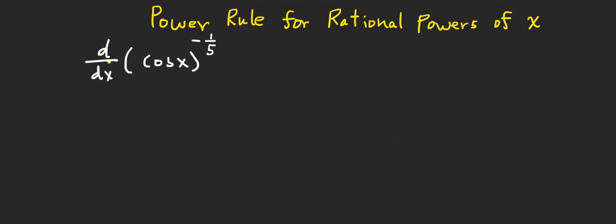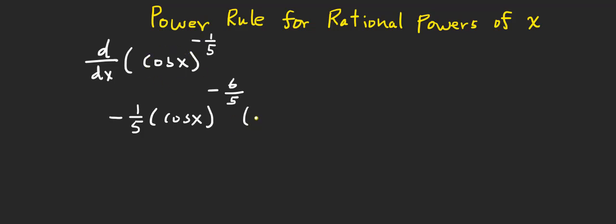Now notice d over dx means take the derivative of whatever this is. So we need to find the derivative of cosine of x to the power of negative 1 over 5. What will be the derivative of that? Well, applying the power rule, you're going to get negative 1 over 5 cosine of x, and then negative 1 over 5 minus 1, which is negative 6 over 5. We're not done yet. We have to apply the chain rule. So what's the derivative of the inside?